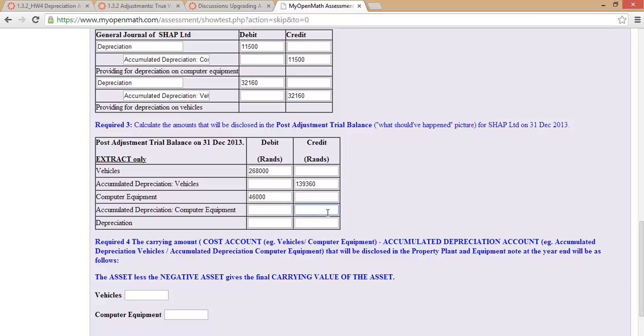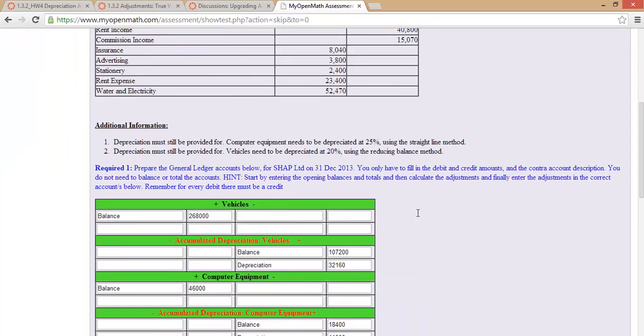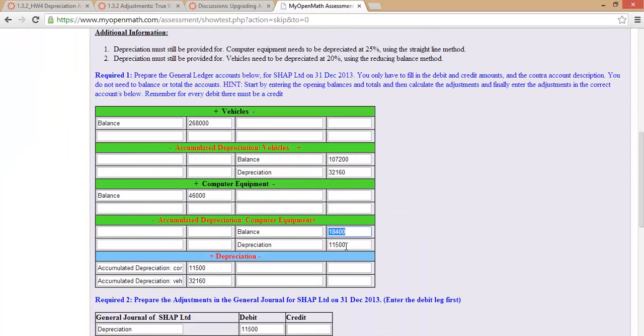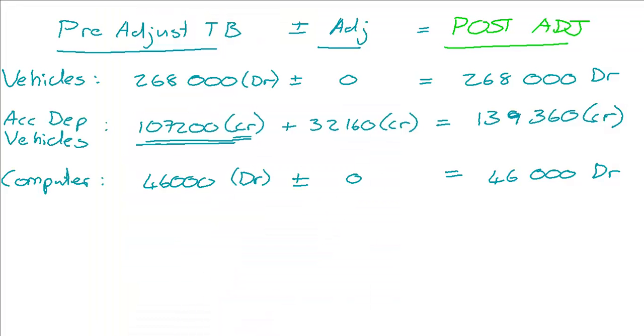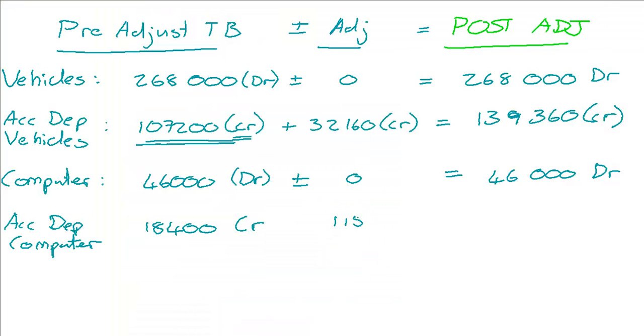Accumulated depreciation on computer equipment, we started off with 18,400. Start off there with 18,400. Then we had the depreciation adjustment also on the credit side. So accumulated depreciation, computer, 18,400 on the credit side. Then we had an adjustment of 11,500 also on the credit side.